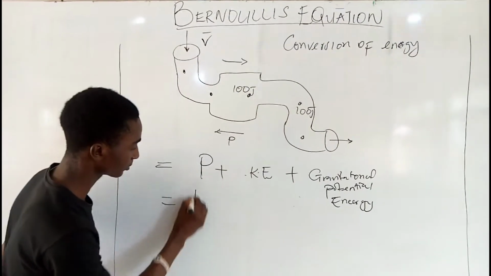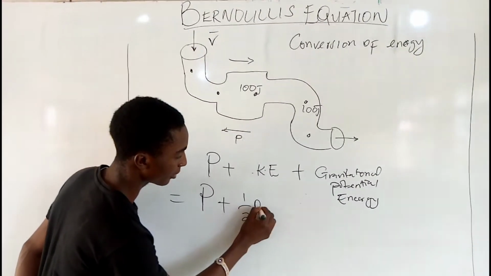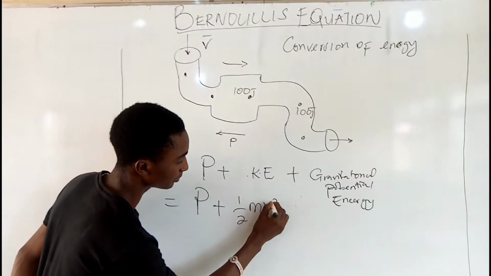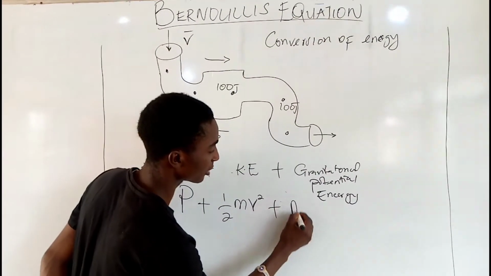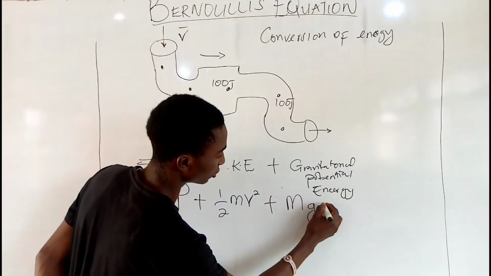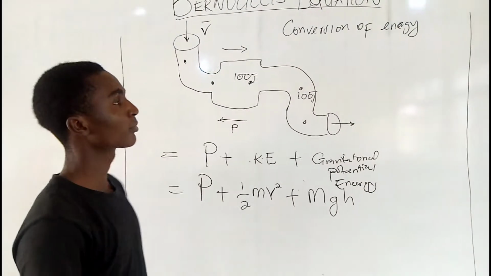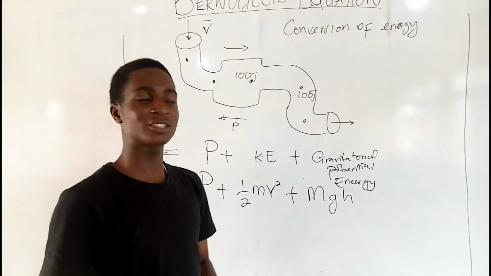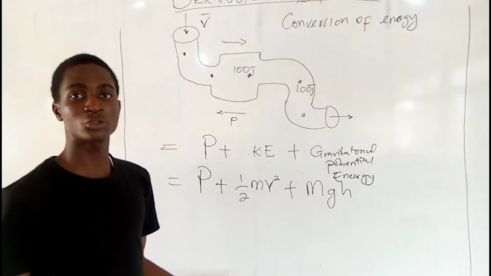Now, we know that kinetic energy is half mv squared, plus gravitational potential energy, which is mass times acceleration due to gravity times height. But in dealing with fluid, physicists don't use mass, they choose to use density.